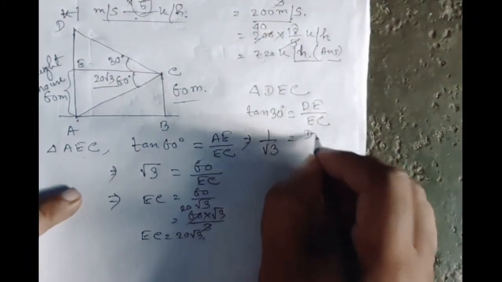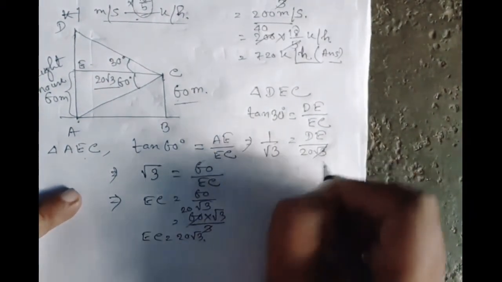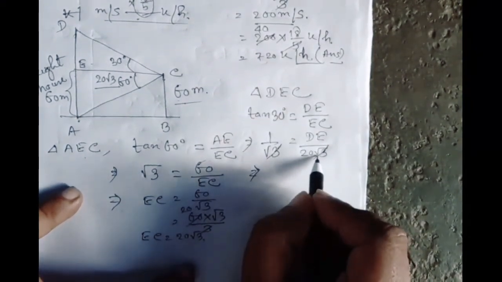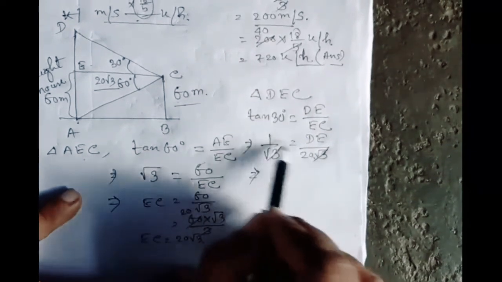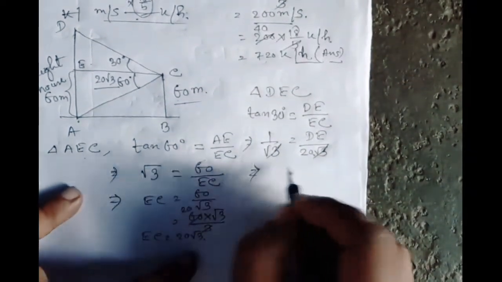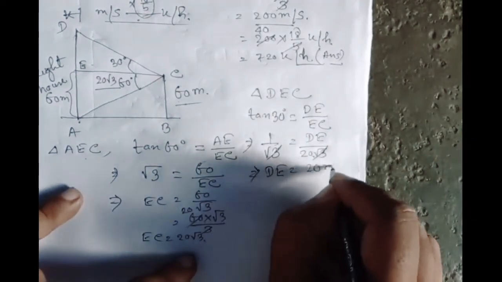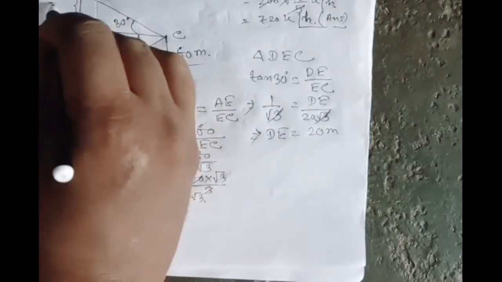DE value we don't know. The value of EC is equal to 20 root 3. Root 3 should be cancelled. Actually, we are doing cancellation in this step. You should do the cancellation after doing the cross multiplication. That will be more perfect. So here DE is equal to 20 meter.